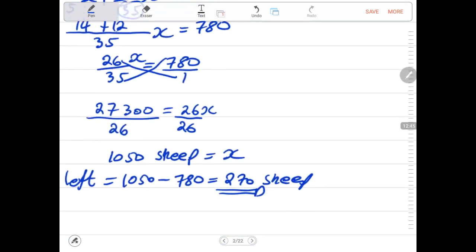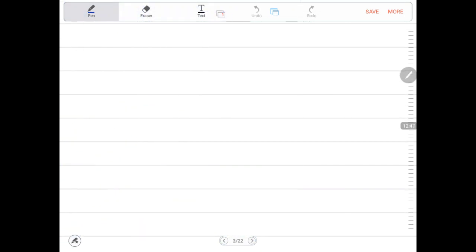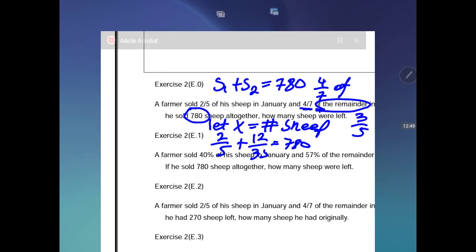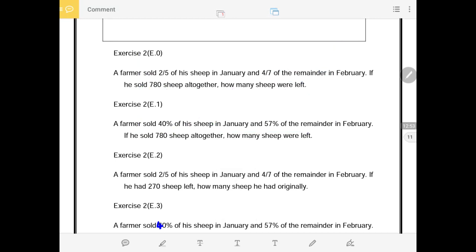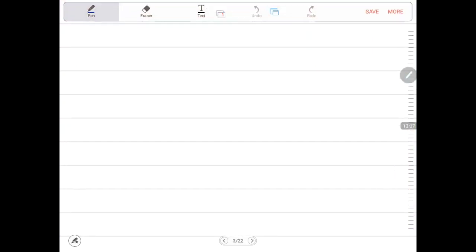Now I want to go to scenario number 2, or another approach number 2. In the second approach, I have percentages. Everything is the same, but I have percentages in this case. A farmer sold 40% of his sheep in January.